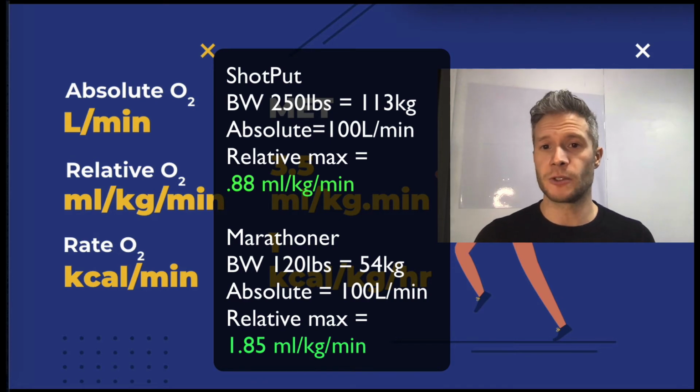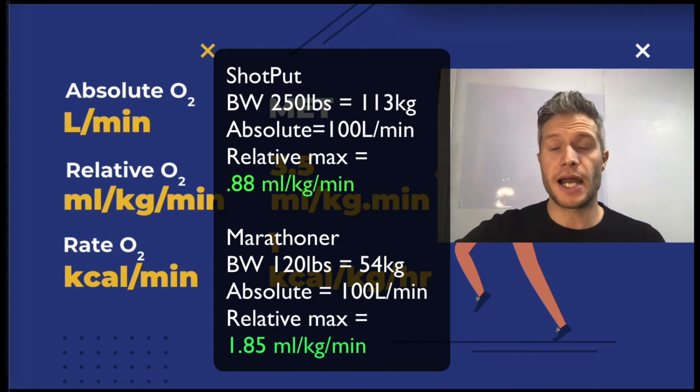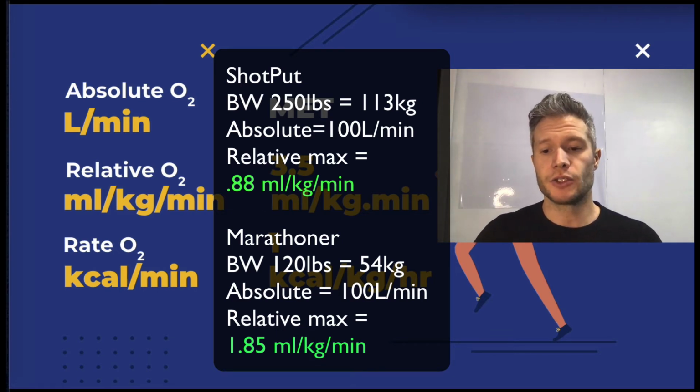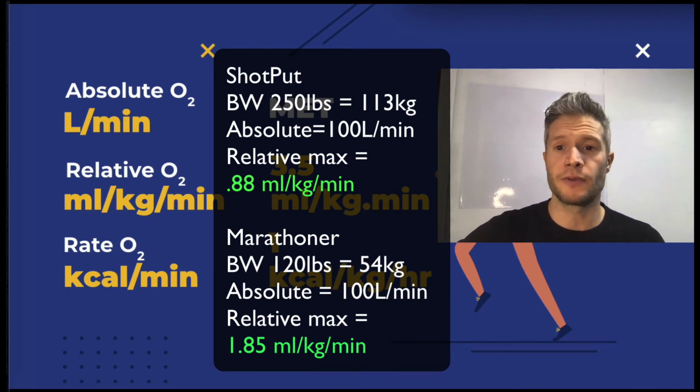They need it because they have so many cells in their body that are active. It'll be quite high. Whereas let's say a very short, petite marathon runner, their absolute VO2 might be quite low. Their body weight's only, let's say, 120 pounds or something, so significantly less.